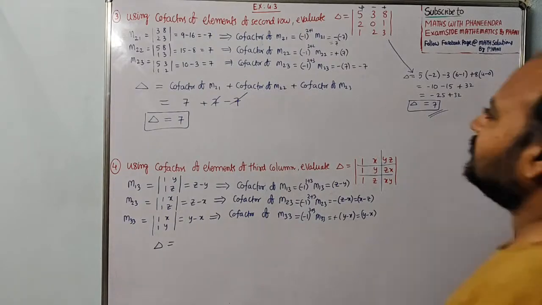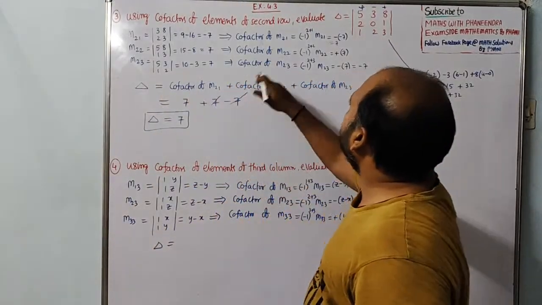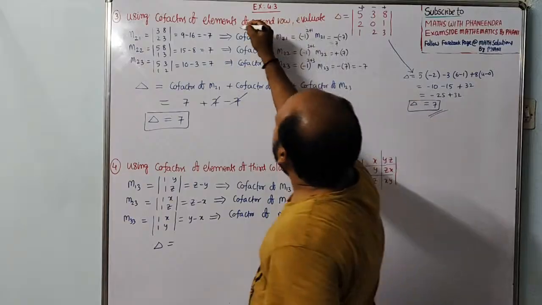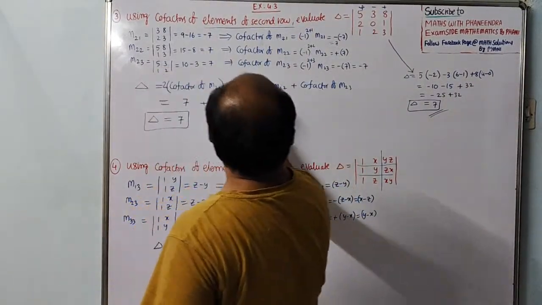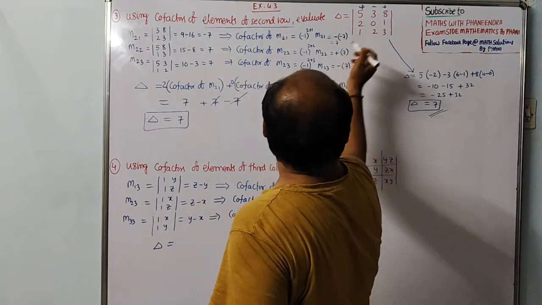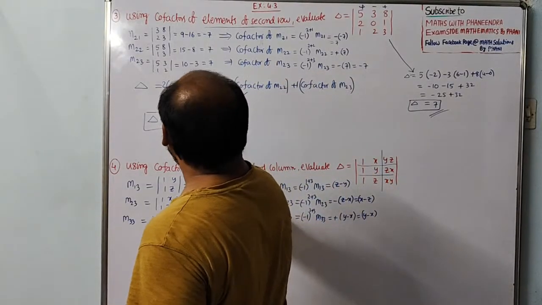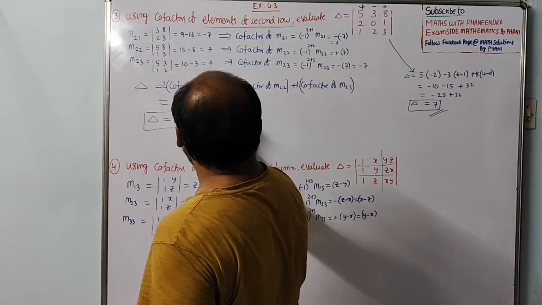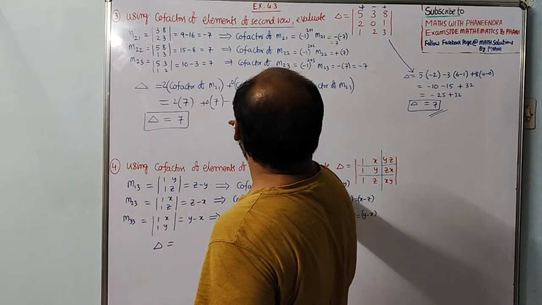Yeah, dear students, even here also the cofactors are multiplied with these elements. For the second row, I forgot to write: 2 times of cofactor, 0 times of cofactor and 1 time of cofactor. So 2 times of 7, 0 times of 7 and next 1 time of 7.